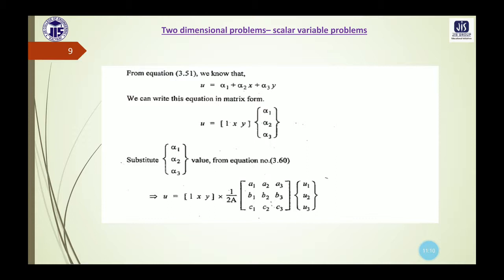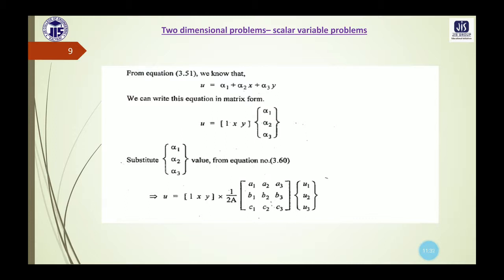Now from equation 3.51 we have seen that the displacement function u is alpha 1 plus alpha 2x plus alpha 3y. We can write this equation in matrix form as u equals the row matrix of 1, x, y multiplied by the column matrix of alpha 1, alpha 2 and alpha 3.